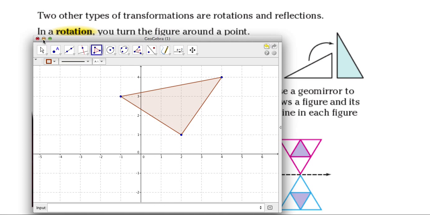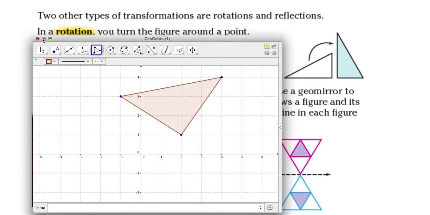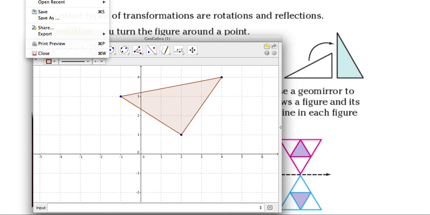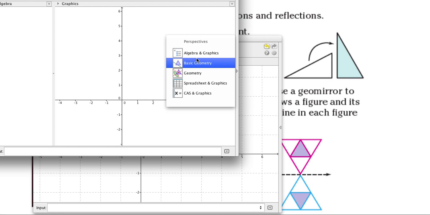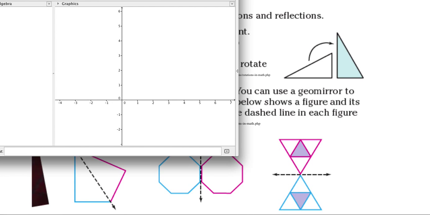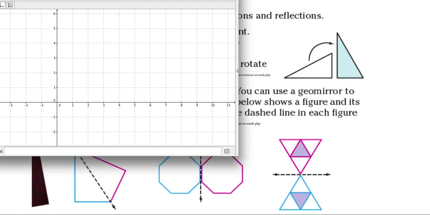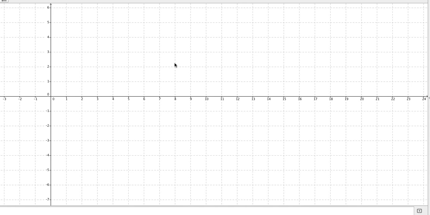So let's open up my GeoGebra and see how a rotation would look. Let's do a new window, and let's minimize this. That will come in handy later. And let's do the grid. In a rotation, you are going to rotate on a point. So let's say we have a triangle, similar to the one in the book.